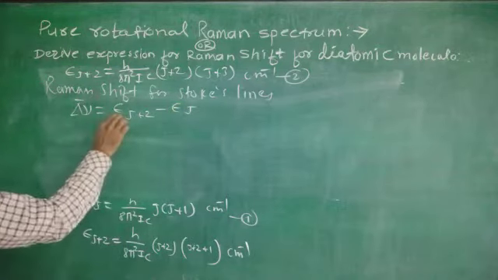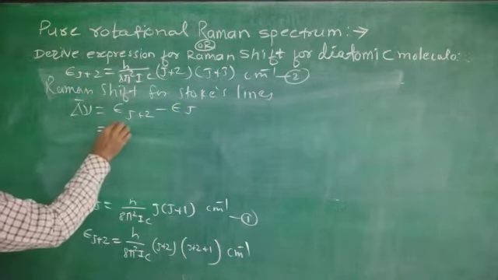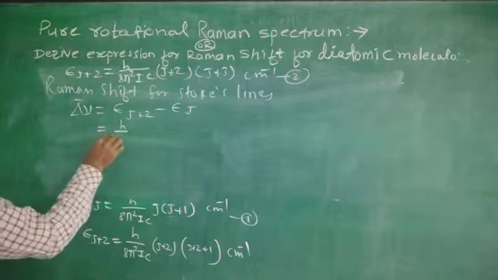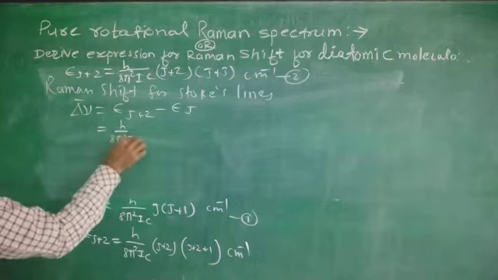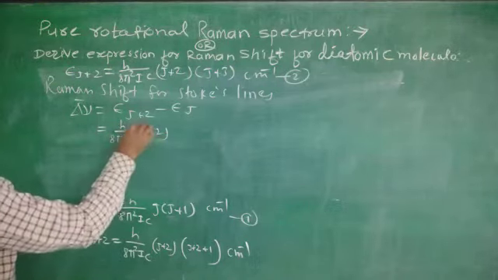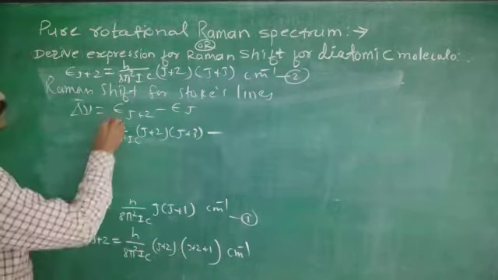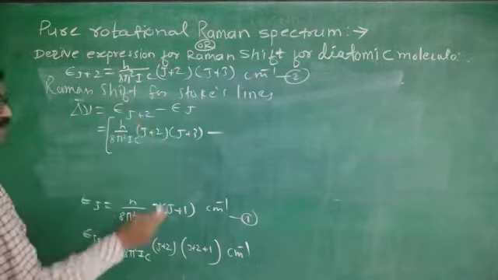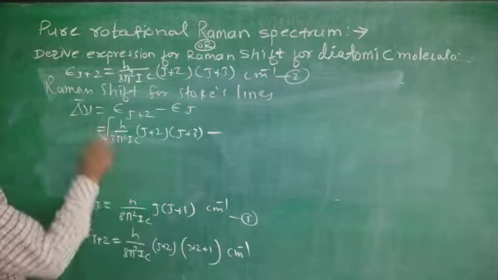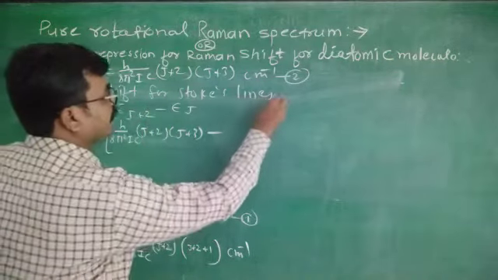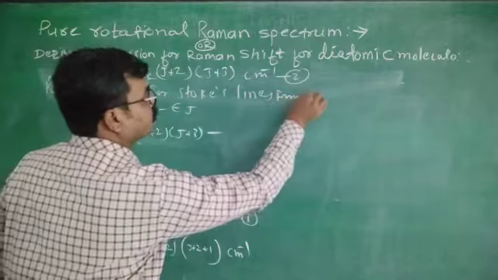Now what is the value of epsilon j plus 2? It will be h upon 8 pi square Ic, j plus 2 into j plus 3, minus epsilon j, which is equation 1. Raman shift for Stokes line from equations 1 and 2.